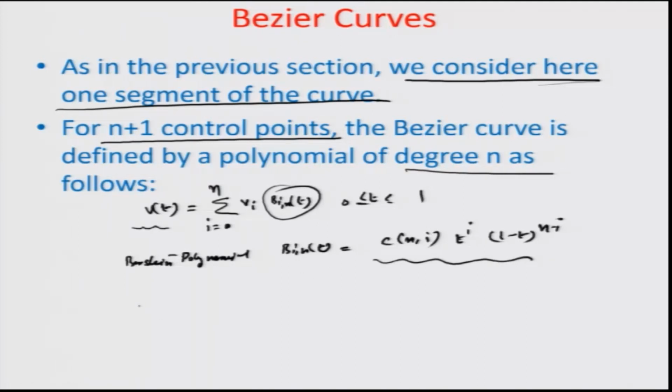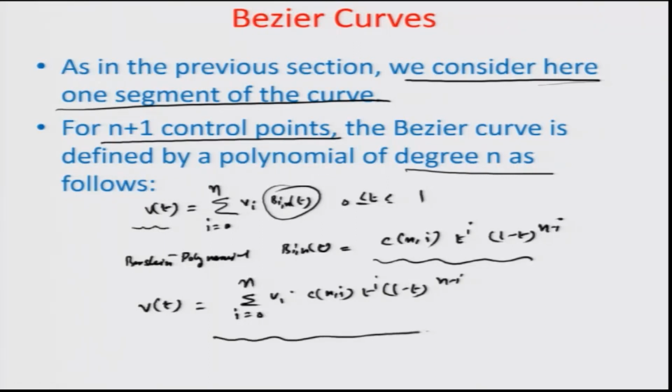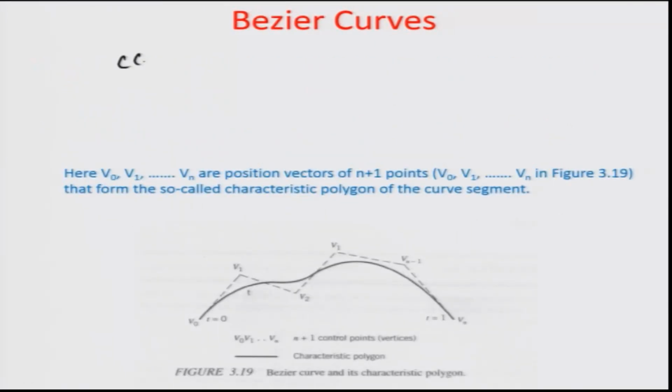So, in fact, the whole Bezier equation can be written as V_i times C(n, i) t to the power i times (1 minus t) to the power of n minus i, and there are exactly n plus 1 control points through which such a curve would move. So, we are all aware that the combination C(n, i) is further defined as factorial n divided by factorial i times factorial of n minus i.